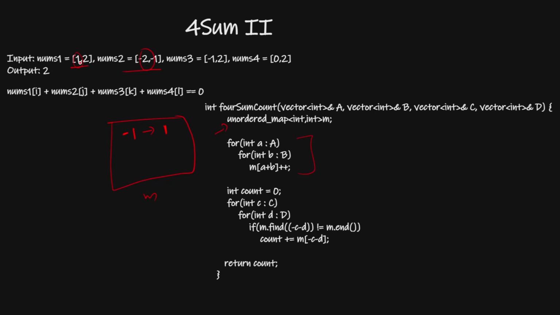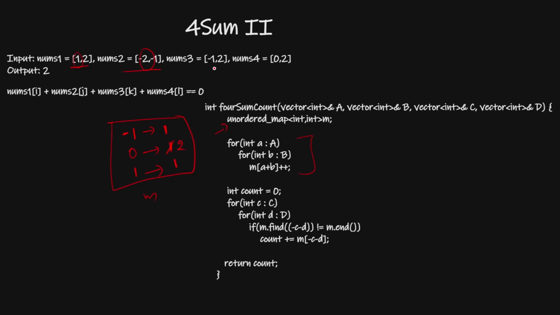Now 1 and minus 1 will become 0, so 0 one time. Now 2 and minus 2 will become 0, so I will increase the count of 0 to 2. Now 2 and minus 1 makes the sum 1, so 1 is one time. So I have this in my map.